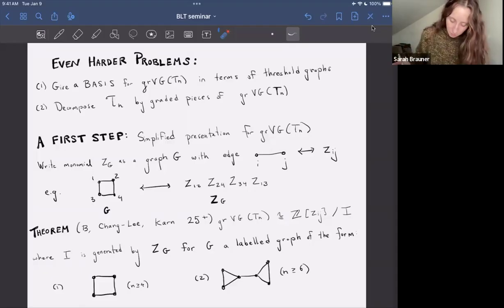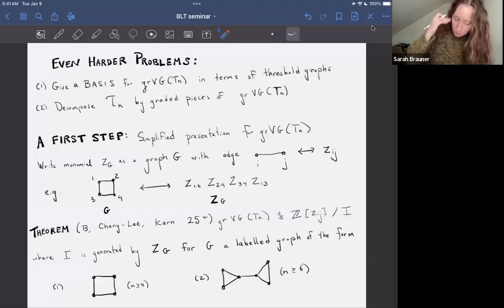And so one thing we've been able to do is give a simplified presentation of this ring. So a priori, there are a ton of relations in the ideal that we need. The Varchenko-Gelfand ring is this quotient by circuit relations, and in general there are many circuit relations.